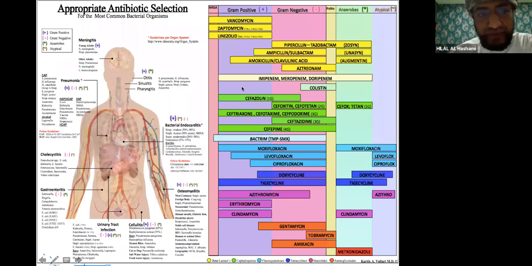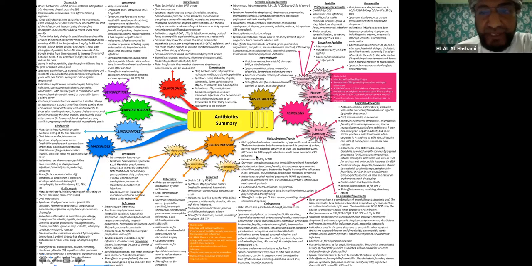Then you have gram-negative, and this graph tells you the different organisms that can cause different infections. These are crazy slides, but if someone is interested, they can download or print them. It provides a very brief summary of each antibiotic in one page.